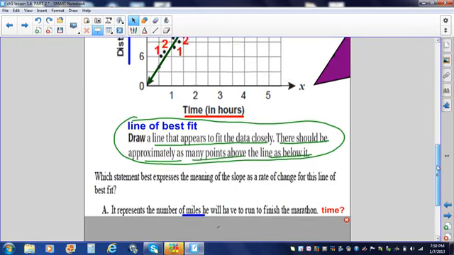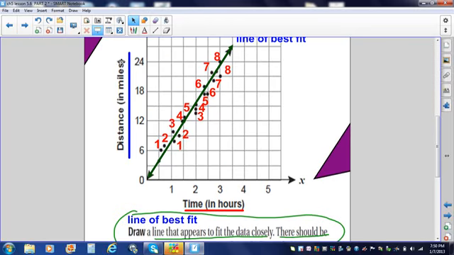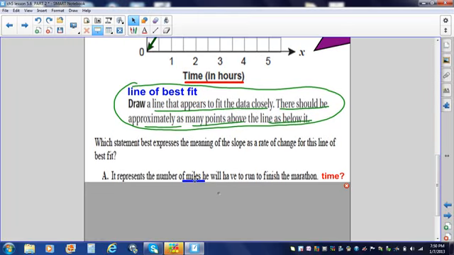Well, let's look at our scatter plot. We have distance miles and we have time hours. Choice A mentions miles, but it doesn't say anything about the time for hours. So I'm going to get rid of choice A, again, because it mentions miles, but it doesn't say anything about the time.